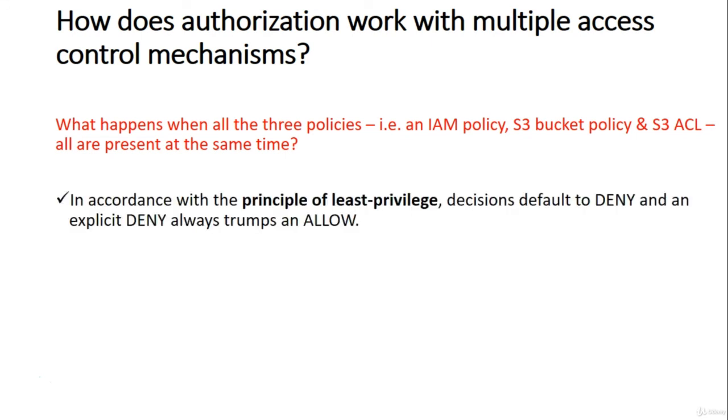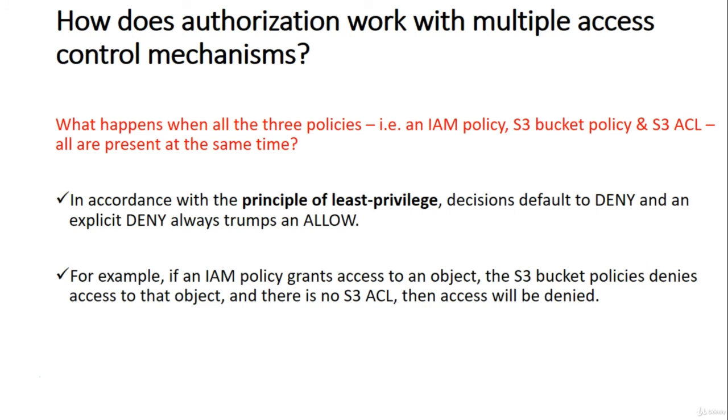The answer, in accordance with the principle of least privilege, and we have seen this in the IAM section as well, is that decisions default to deny, and an explicit deny always trumps an allow. That is, deny always takes precedence over allow.